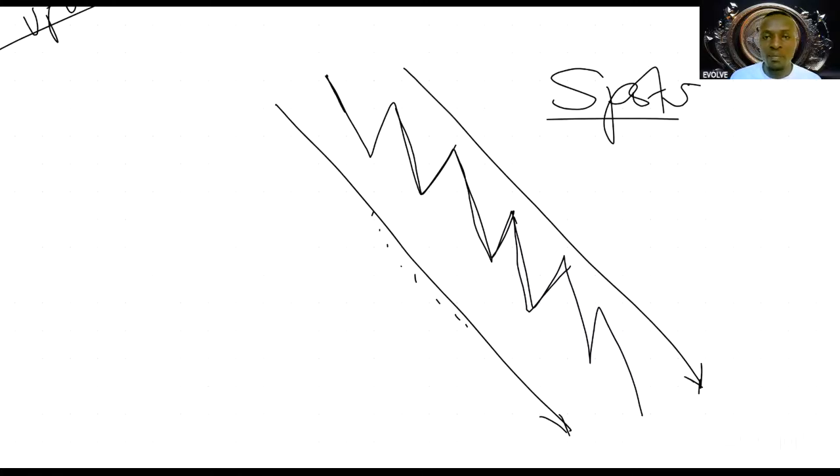So basically, this is the downward trend. It keeps on forming the lower low and the lower high. Lower low, lower high, lower low.